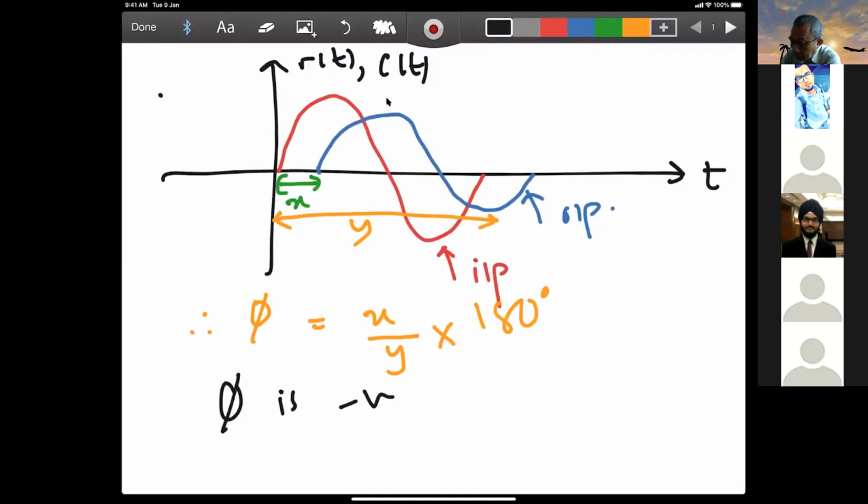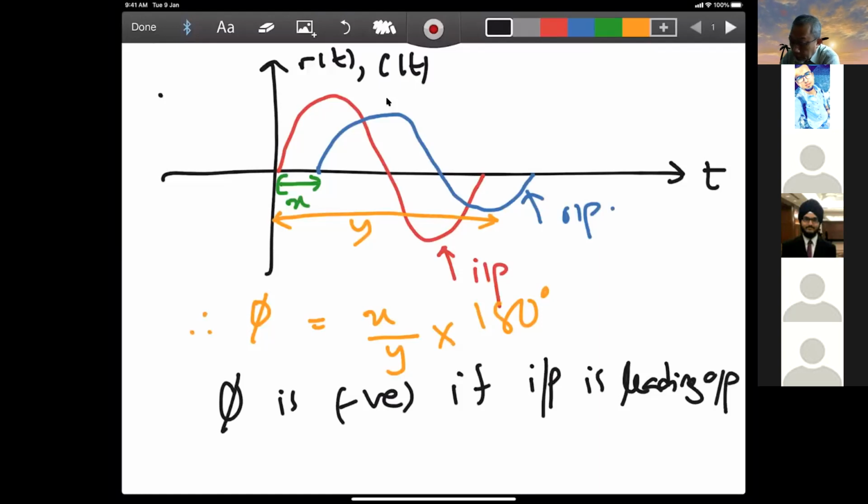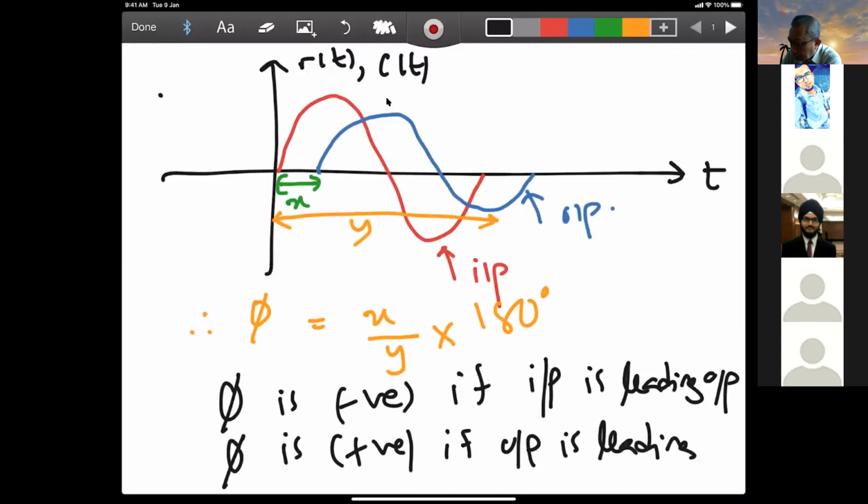The phase is negative if input is leading output, and the phase is positive if output is leading input. So how to differentiate between the negative and the positive of the phase in the frequency response?